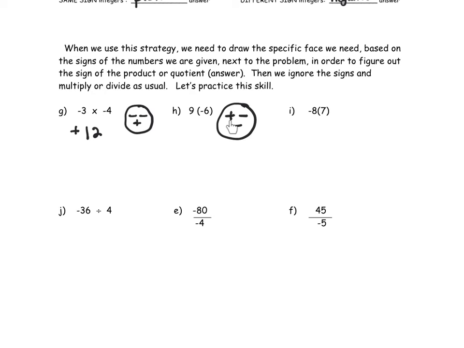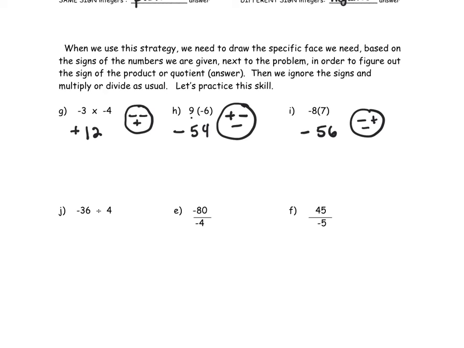And the story says when Margot's half awake, she's mad, meaning that our answer is going to be negative. And then we ignore the signs and just take 9 times 6, which would be 54. Please try letter I on your own. What would the face look like? So now that we have the face, what do you think our final answer is for letter I?